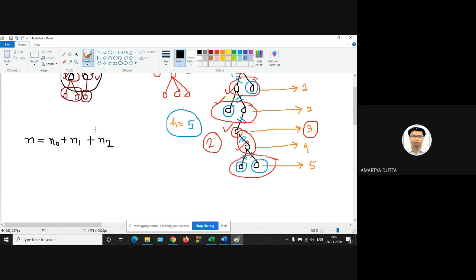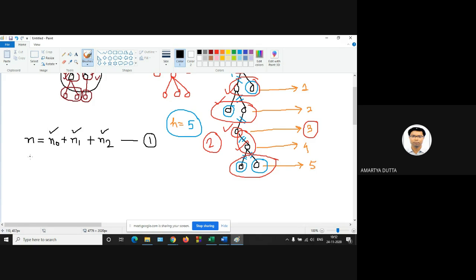Is it true? Yes, sir. For a non-empty binary tree, the total number of nodes equals nodes with no children, plus nodes with exactly one child, plus nodes with exactly two children. So this is equation number 1, right?